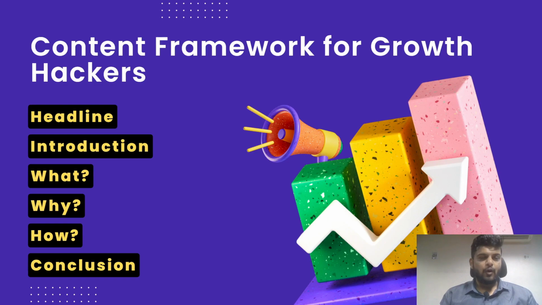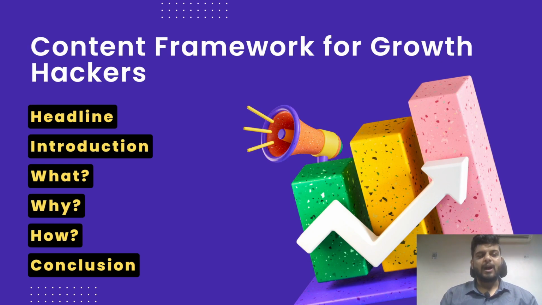First of all, it's headline, then introduction, what, why, how, and conclusion. If I talk about headline, it should involve your primary keywords. We'll be talking about cluster keywords in my further videos, but till then the headline should contain some primary keywords that you want to rank, right?